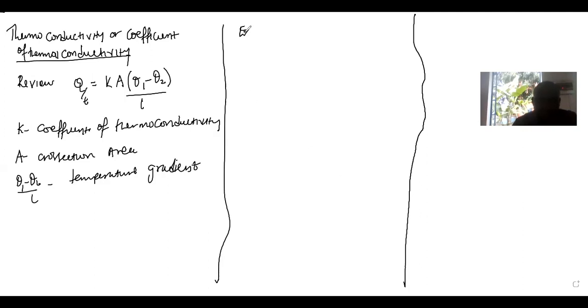Example 1. We have a copper rod, 2 meters long, of diameter 3 centimeters, that is lagged.